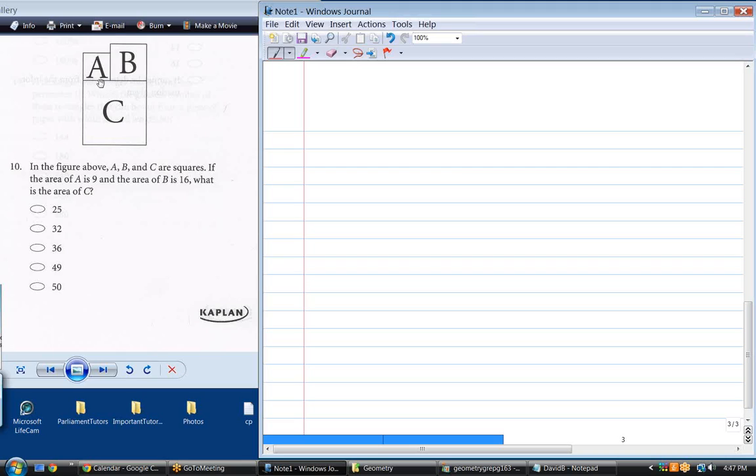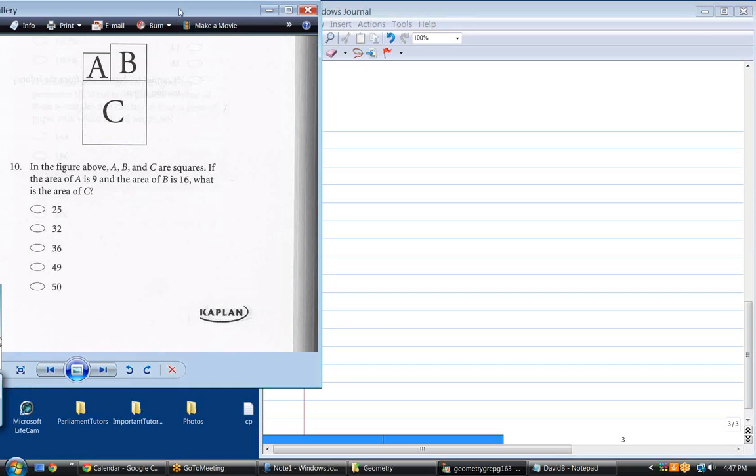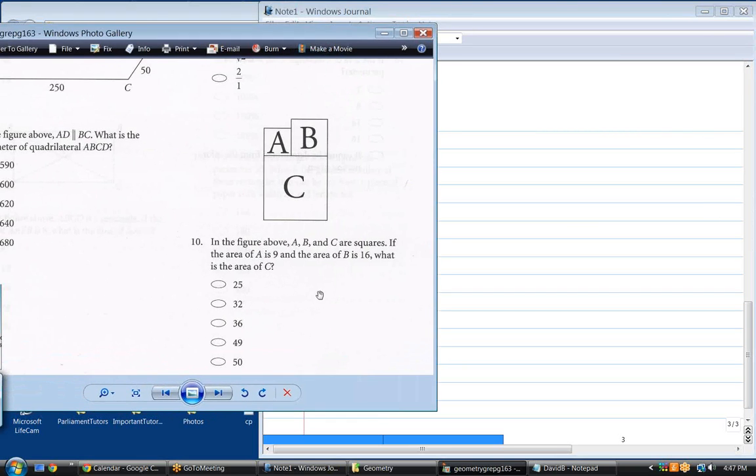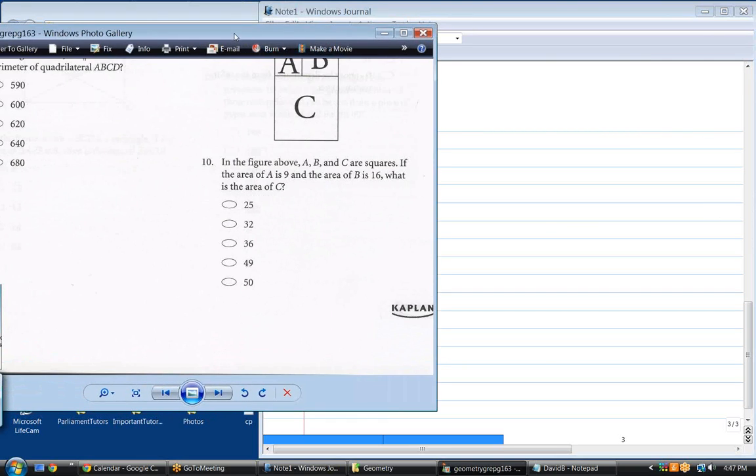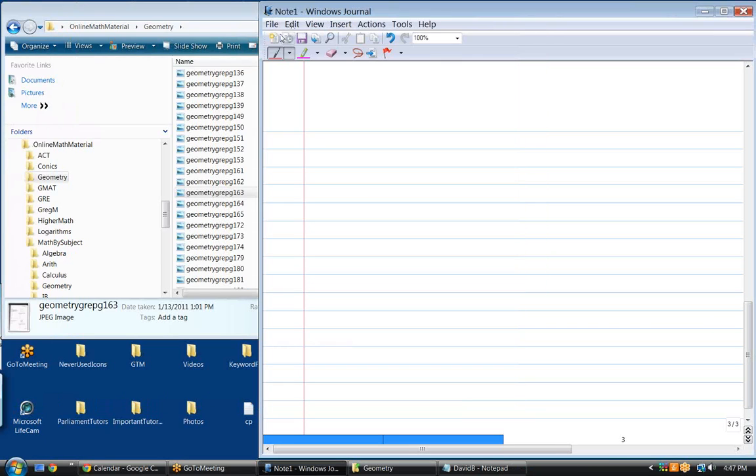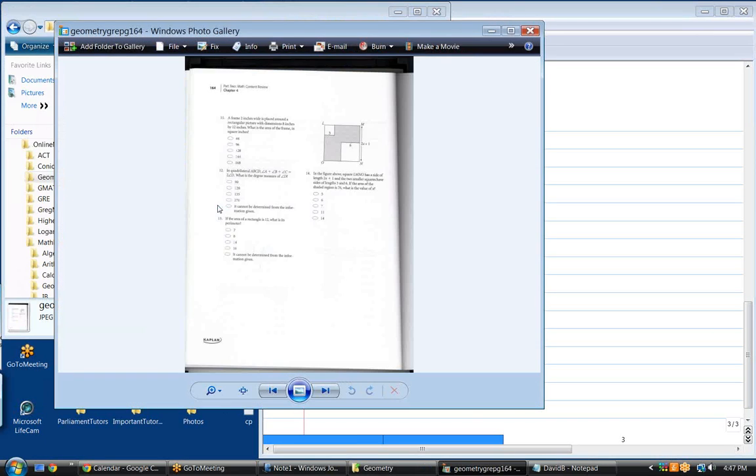Sorry. I'm not thinking straight. It's 3. What's the side length of B? 4. What's the side length of C? 7, and so it's 49. Okay. Sorry, I was thinking that we were just trying to find what 9 and 16 were the side lengths of.